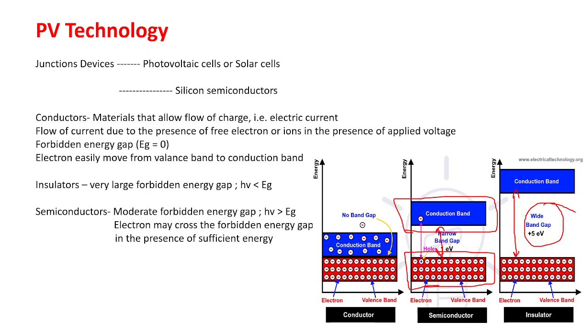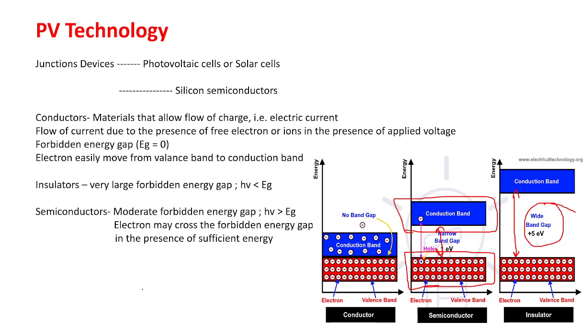An insulator will have a higher forbidden energy gap, then we come to the semiconductor, which has a moderate forbidden energy gap, and a conductor has no forbidden energy gap, so Eg will be equal to 0 in this case. In semiconductors, if we apply sufficient energy, because the Eg is quite small compared to what the photons we can apply on the materials provide, the free electrons from the valence band will pass to the conduction band, and then they can move freely.